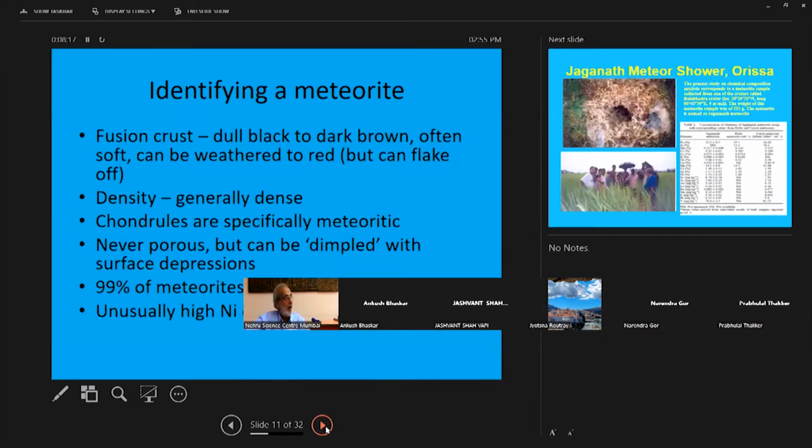Now, how do you identify meteorite? This is a very important question which all of us have, because anything on the ground is not a meteor. There will be rocks also available, and all of them need not have magnetism.